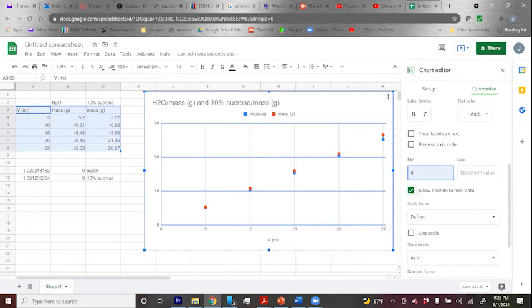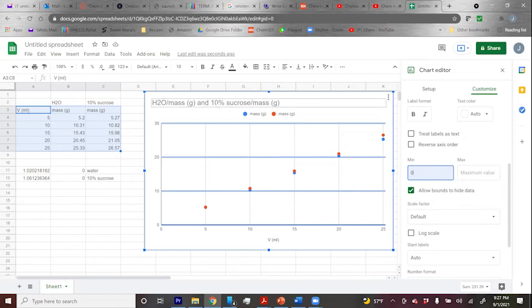Now I want to figure out what the relationship is between the volume down here and the mass over here. I should also put a label on my y-axis, because you're going to copy and paste this into your report.